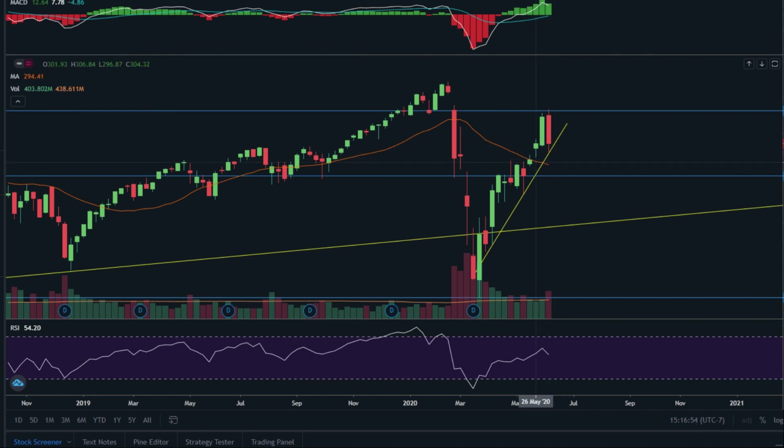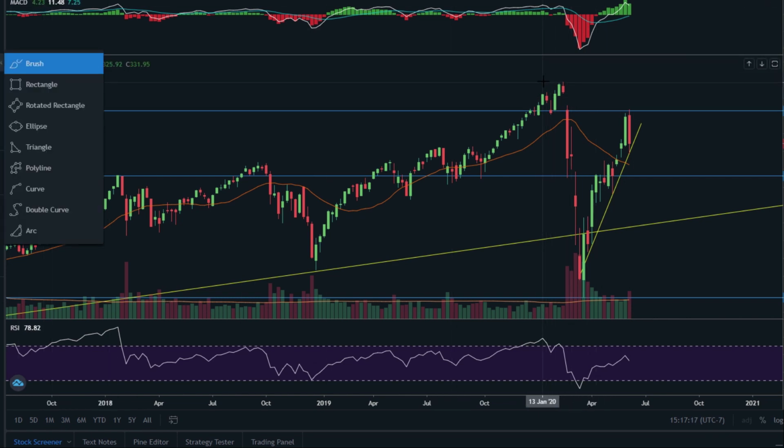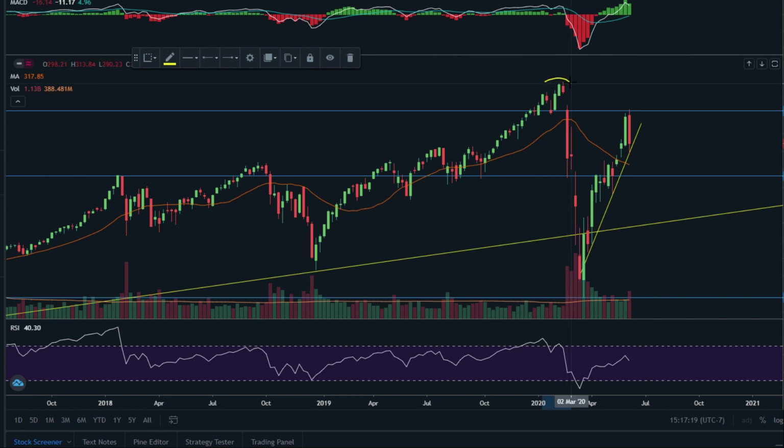What I want you to pay attention to here is the RSI. I don't usually look at it from my trading practice in a normal market. I look at it when there is a big market correction, big market move. It becomes handy. And when you take a look at the move we've done in this leg before the market crash, look at where the peak is in the RSI indicator.